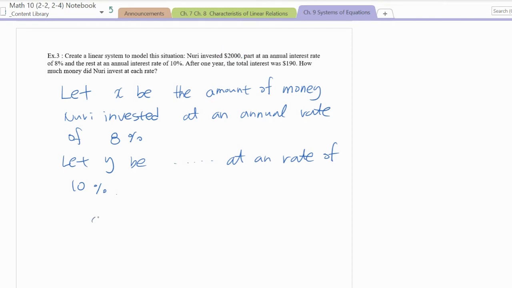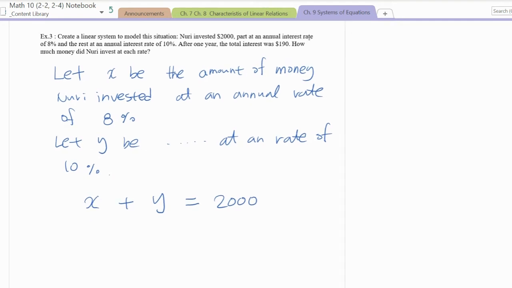Then everyone, she invested $2,000. When you add those two amounts, what number do you have to get? $2,000, because in total, that is $2,000. Okay, then it says the rate of 8%. So she invested x dollars at an 8% annual rate, so the interest will be 8% of x.